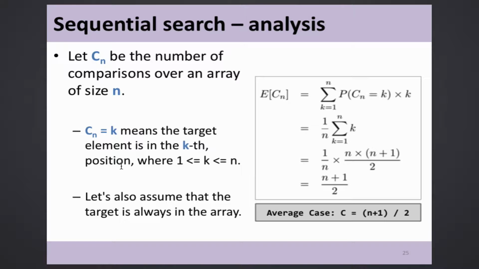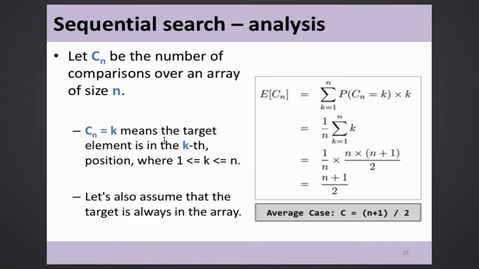And so I write it down like this: Cn equal to k is actually the target element is in the k position. And remember, Cn is the number of comparisons. No problem, right? Now, how about the probability? What is the probability that we have Cn equal to k?